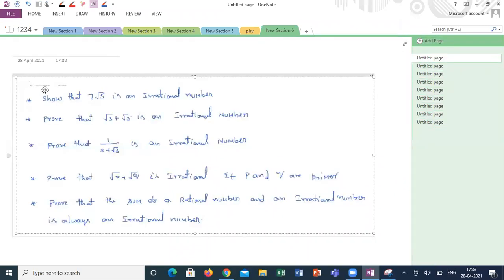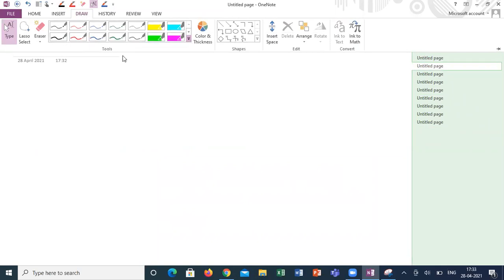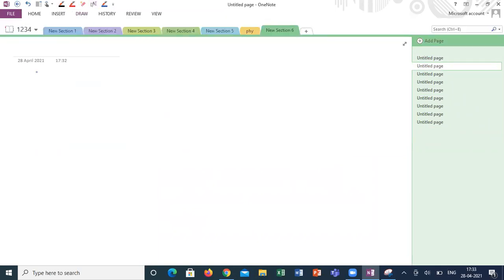Shall we proceed to the first question? Show that 7 root 5 is an irrational number. Yes, we'll start from the first. How to do this question? Anyone can guide me?